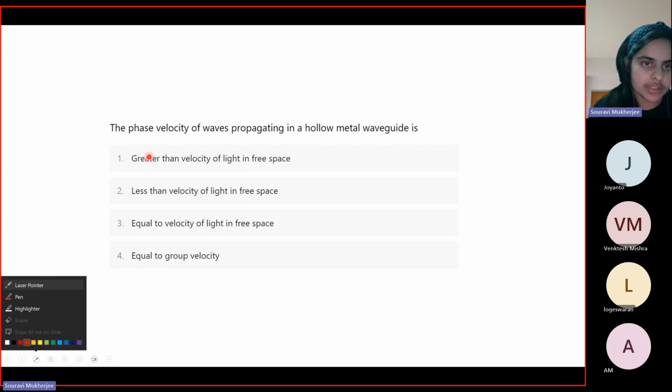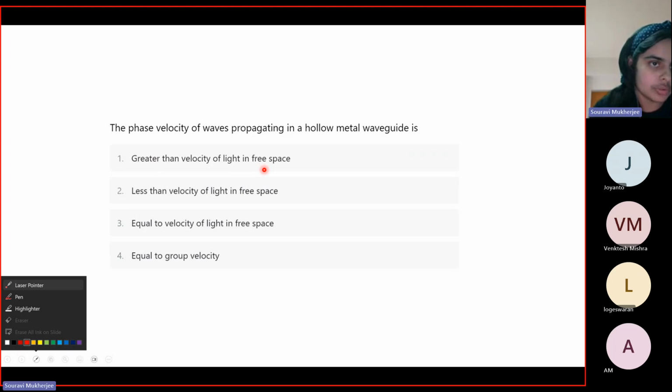Because the phase velocity is greater than the velocity of light in free space, if you talk about a particular monochromatic wave or monochromatic light, the wavelength inside the waveguide will also be greater than what you expect in free space. That relation comes from this relation here.